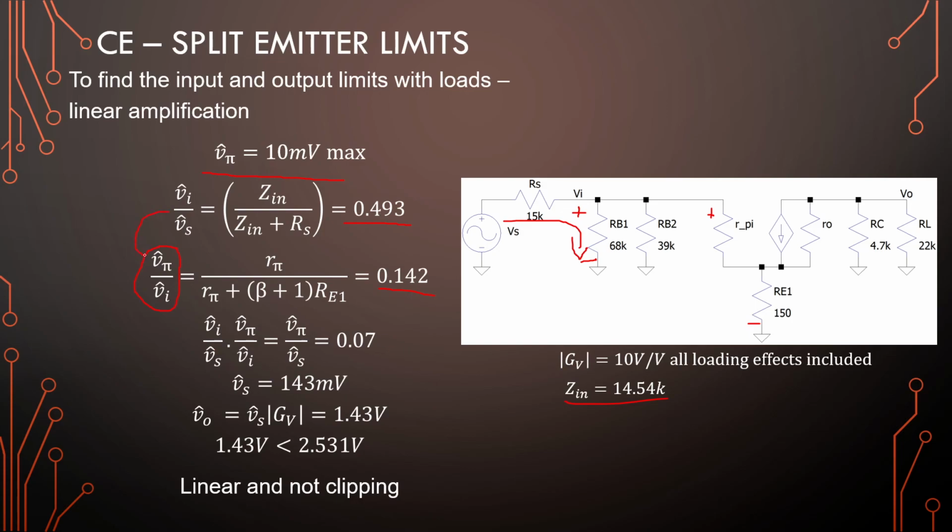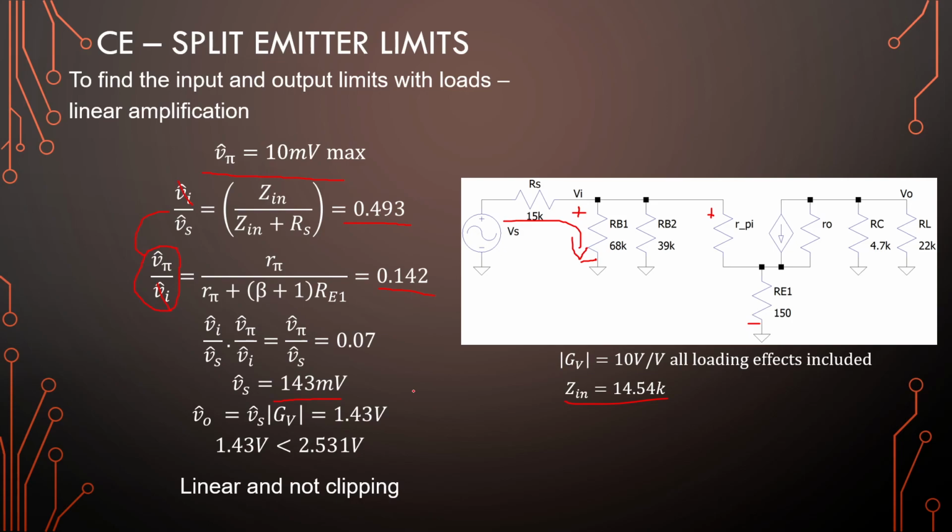If we multiply these two terms, Vin will cancel from it, and we will have a ratio between Vs and V pi. So V pi over Vs is 0.07, and if we just turn this around and multiply by V pi, we get 143 millivolts. So that is our input.